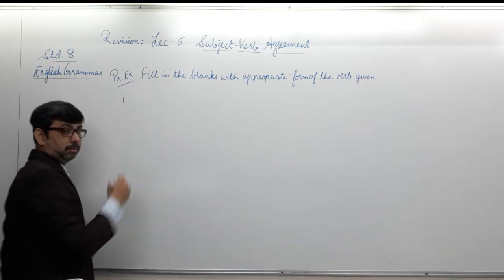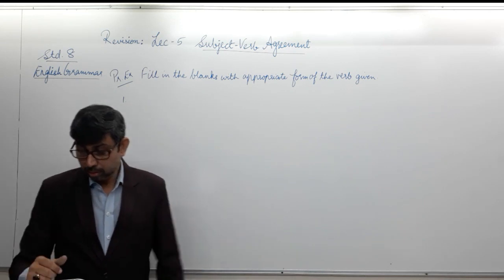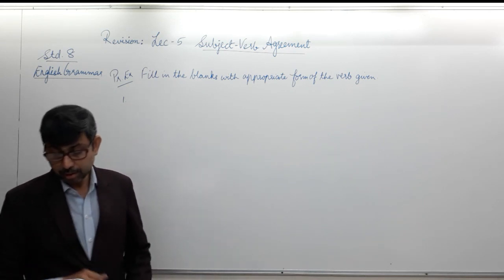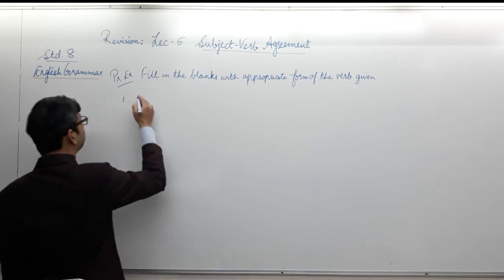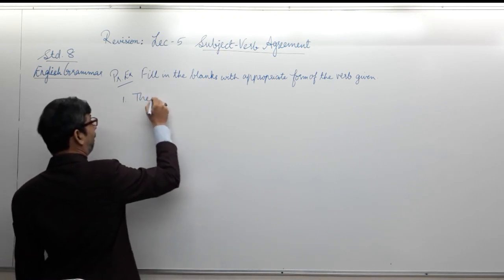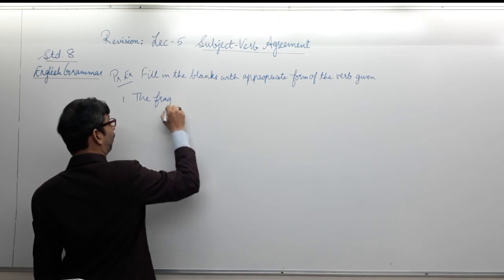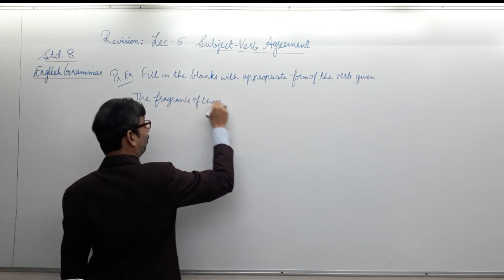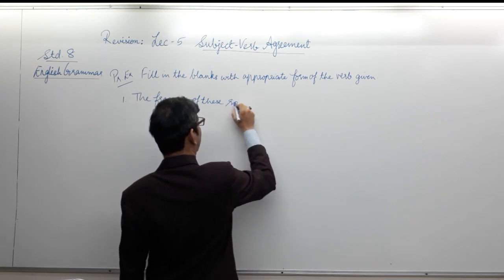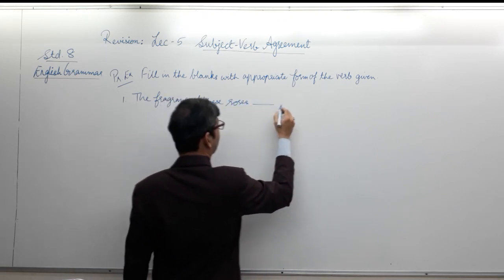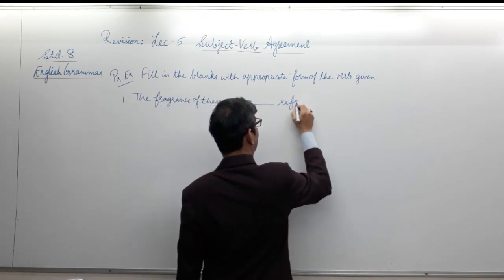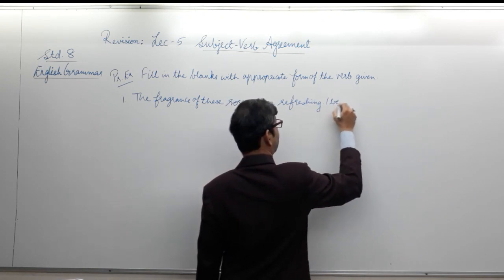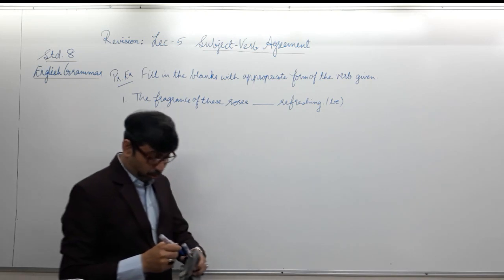First sentence. The fragrance of these roses dash refreshing. And the word given to us in the bracket is just the word be.